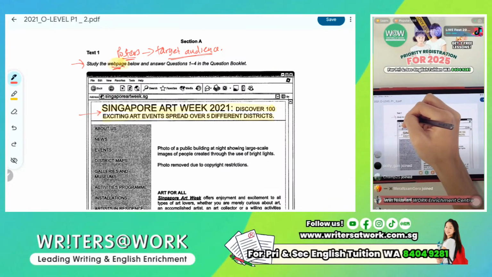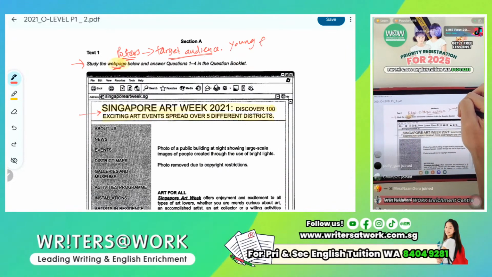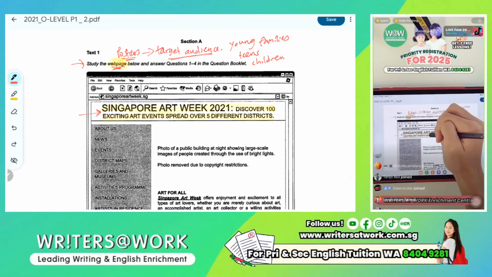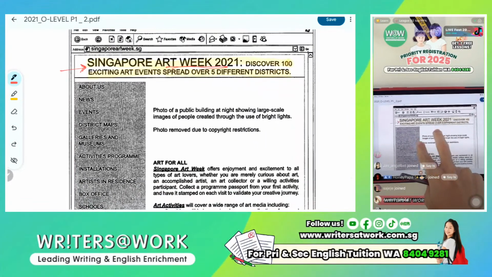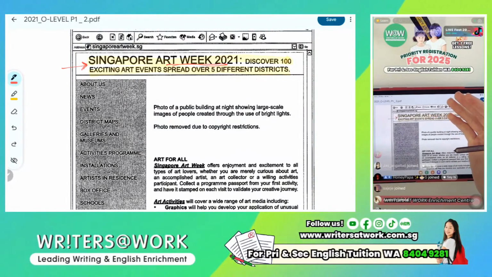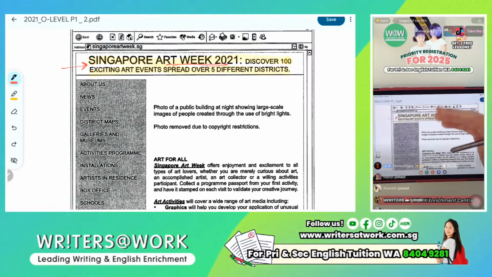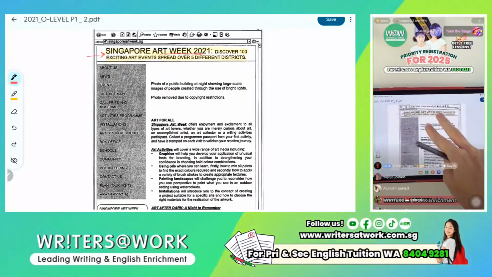So maybe let's say if it's a web page, I may think it could be young families, teens, children. Now, if I look further down, this is an art exhibition. Would that mean that my target group may change? Probably, because art in itself is something that you need to be of a certain maturity in order to appreciate, right? So these are the kind of thought processes that should go through your mind as you look at the text.